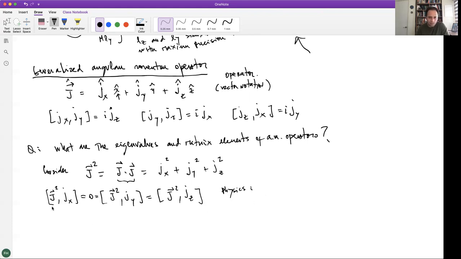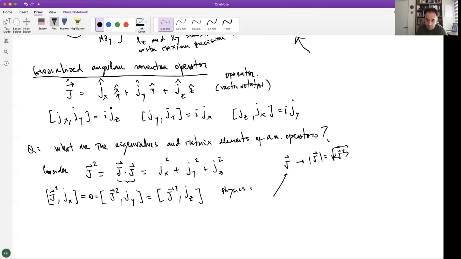But the physics of these commutation relations means that if you define J as a vector, the length of this vector is the square root of J squared. So you measure J squared, take the square root, and that roughly corresponds to the length of this vector.